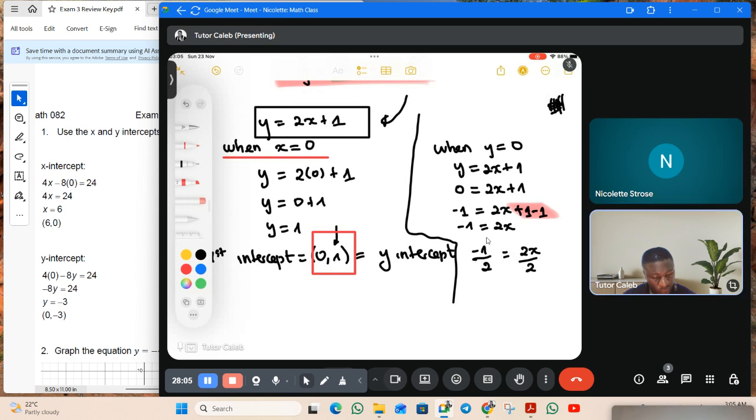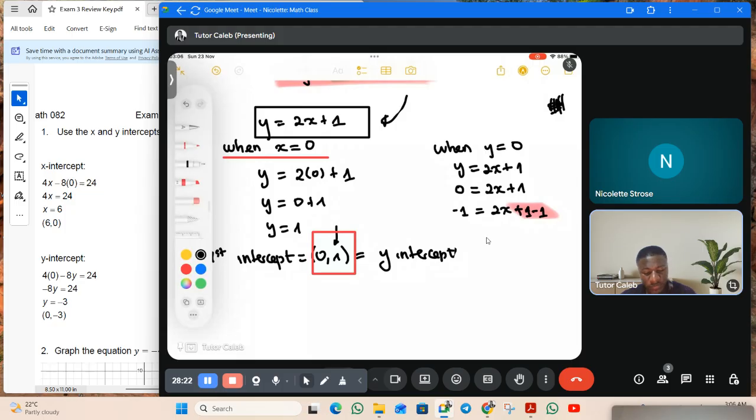Okay, I'll take this off since you didn't see how I got here. We were at minus 1 equals 2x plus 1 minus 1, right? Because I said you will subtract 1 on both sides of the equation to get rid of this one. So you're going to have minus 1 equals 2x because 1 minus 1 is 0.